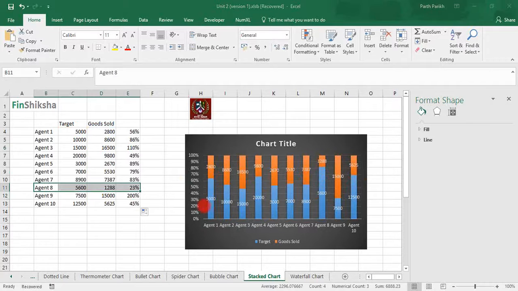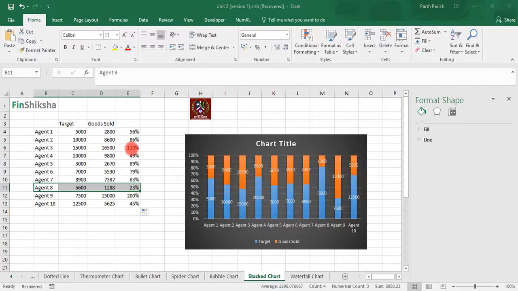However, when I look at the blue bars, agent 9 had the highest achievement, because my blue bar is the shortest one. So this is how we interpret it. Even the data shows that agent 9 had 200% achievement, followed by agent 3, which had 110%. So the data shows the same as the chart.